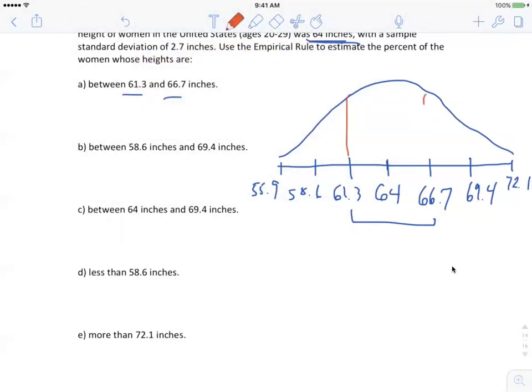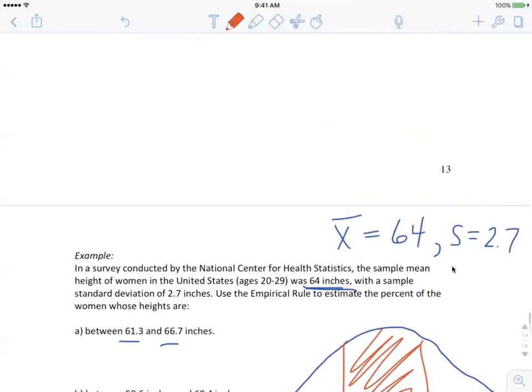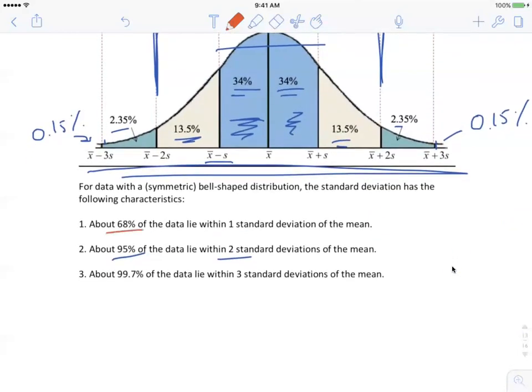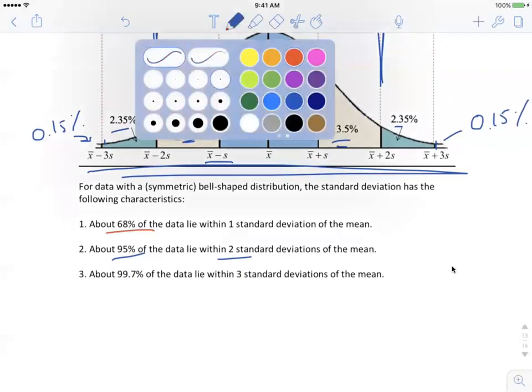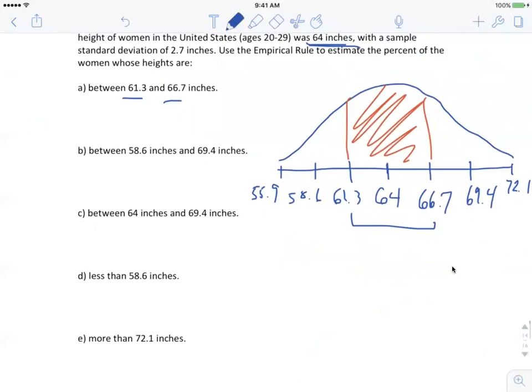I'm really after what that area is. And notice those are each 1 standard deviation away from the mean. So that's the 1 standard deviation rule. About 68% of the data lies within 1 standard deviation of the mean. So my answer to this one would be 68%.